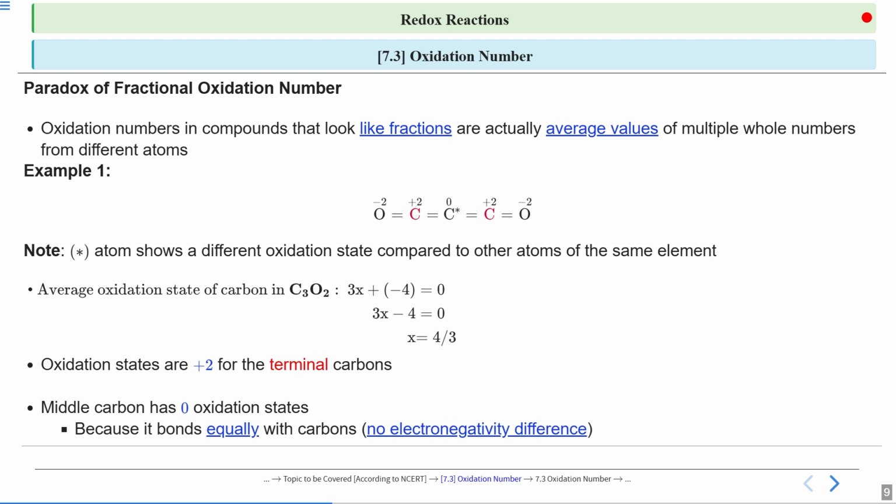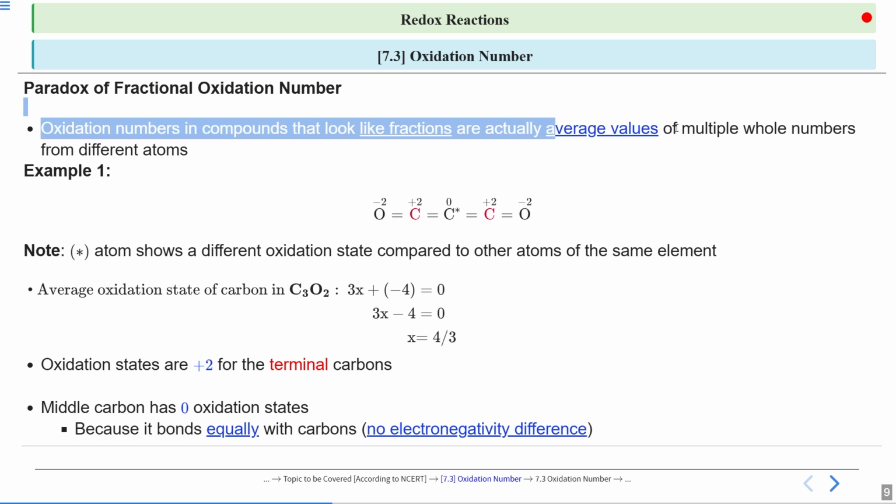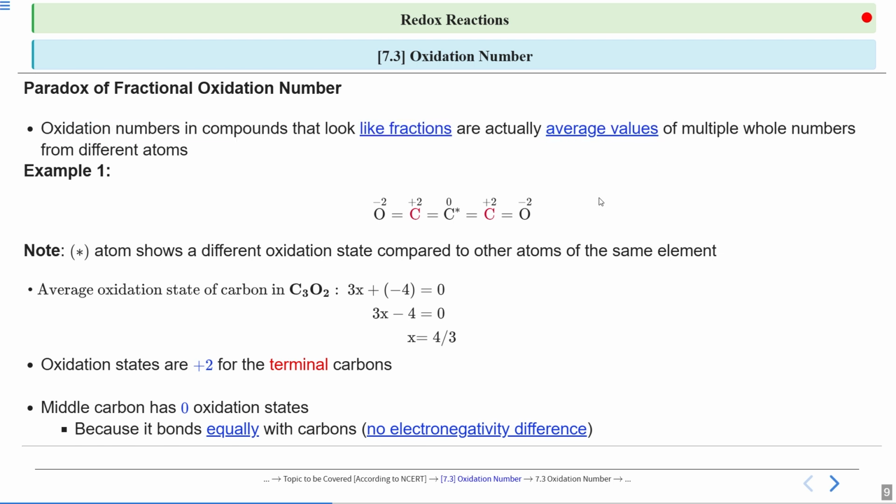Actually, this fractional oxidation number is the average oxidation state of the element. I have already told you it is the average oxidation state of an element under examination, and the structural parameters reveal that the element for which the fractional oxidation number is realized is present in different oxidation states.